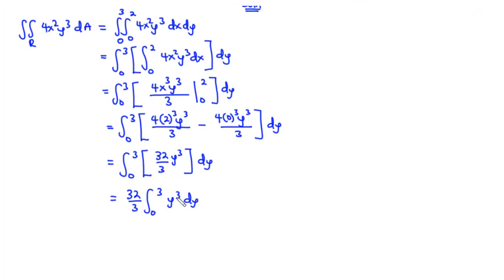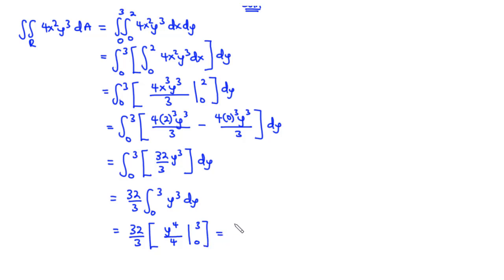Next we are going to integrate this function with respect to y, so that is basically equal to, we increase the exponent on y by 1, we divide by the new exponent on y, and we have the limit from 0 to 3.